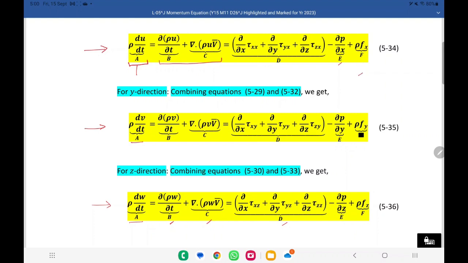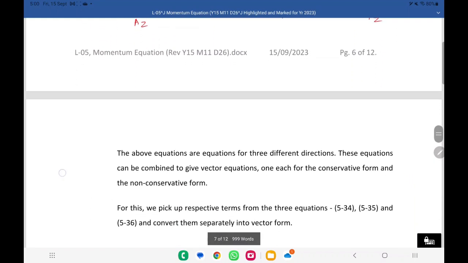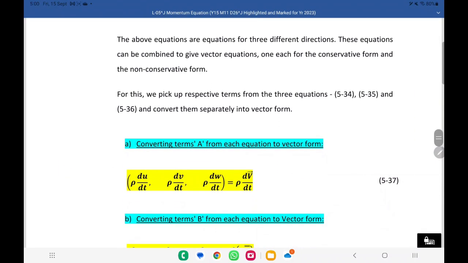Right? You can say this is the X part of F, this is the Y part of F, and this is the Z part of F. You can say this is AX, AY and AZ. Now what I am doing is, I am adding all the A parts together: AX, AY, AZ.